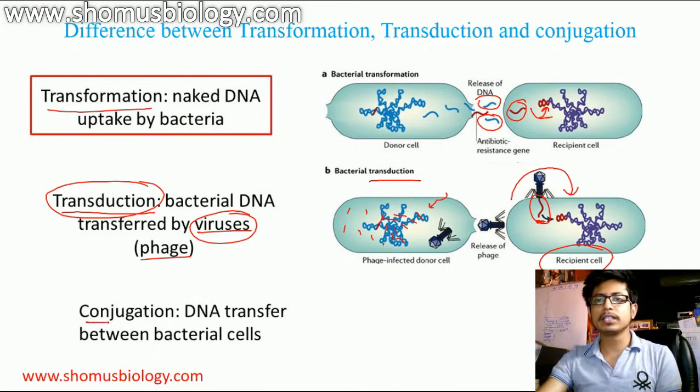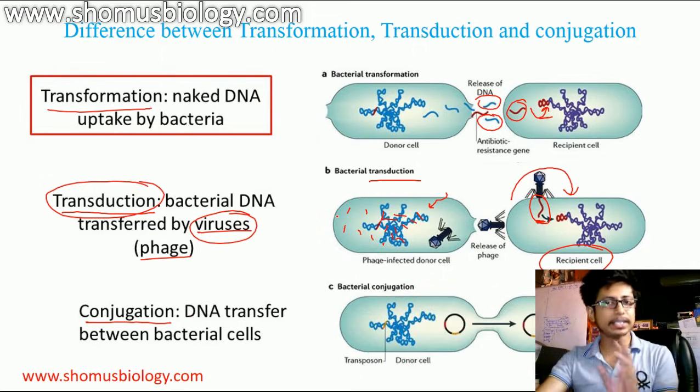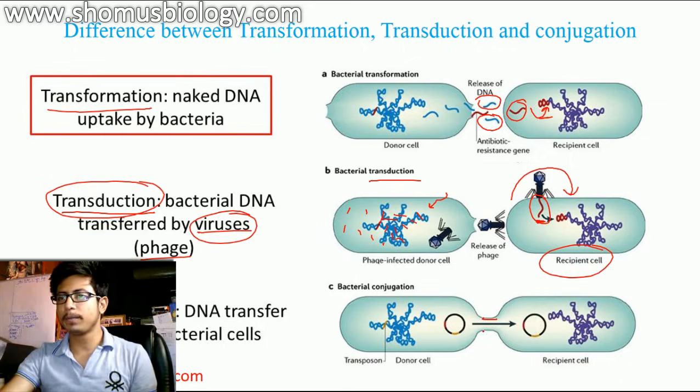But the third one is conjugation, which is completely different. It is a kind of direct interaction between two adjacent bacteria. As you see here, they are involved with each other with the help of a tunnel formed between them, known as the pili or F pilus.